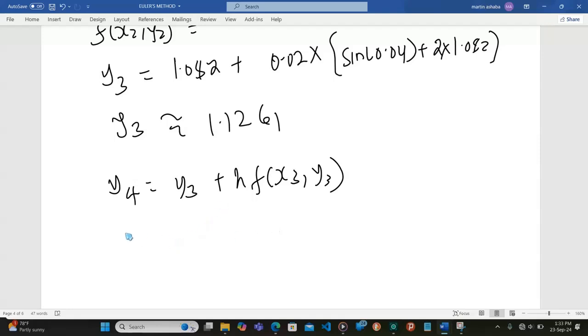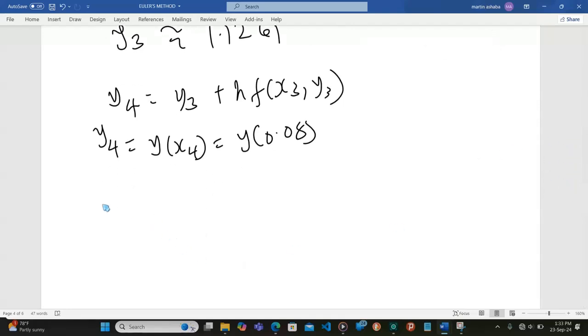But y4 is the same as y of x4, which is the same as y of 0.08, which is the one we are interested in calculating. So what is f of x3, y3?